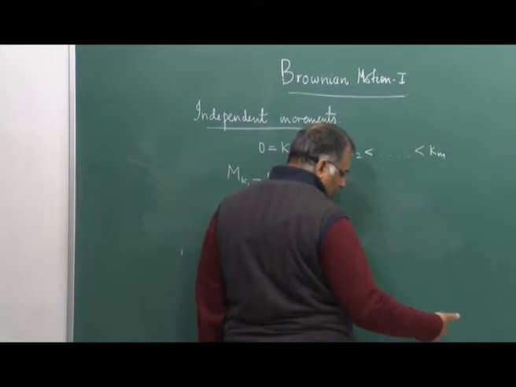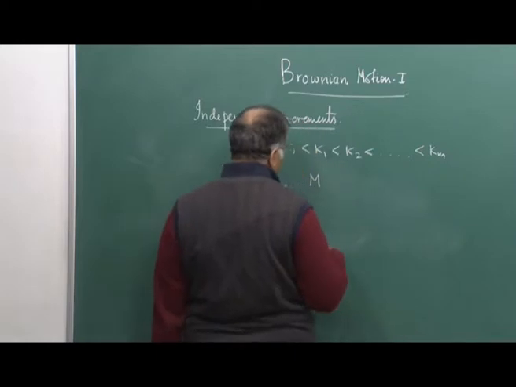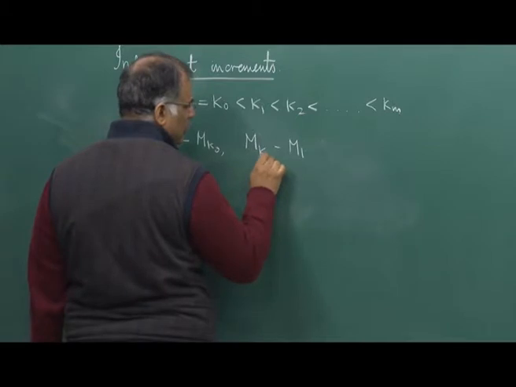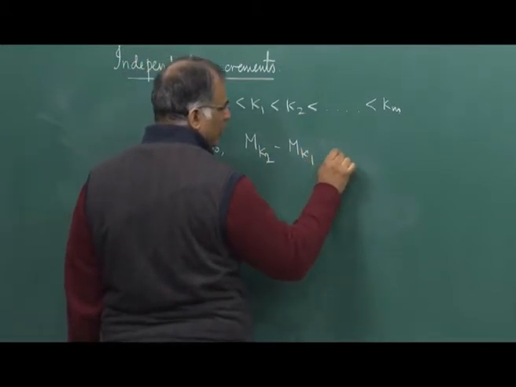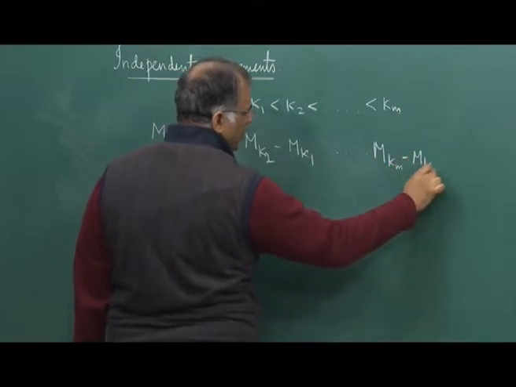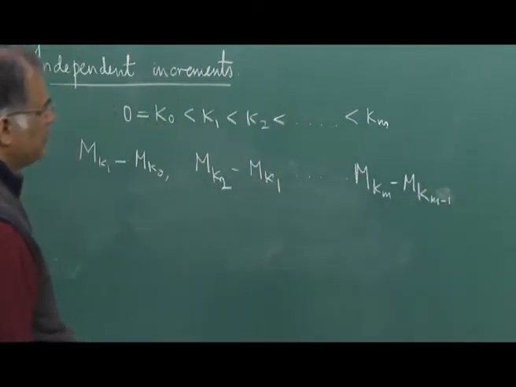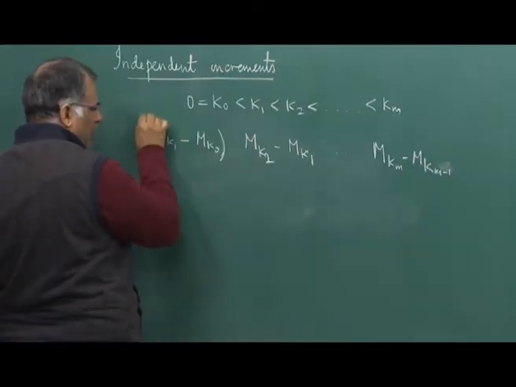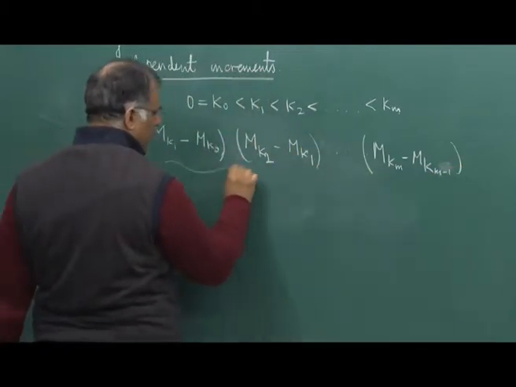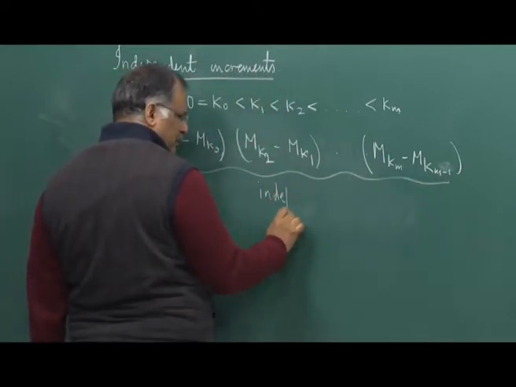The second outcome doesn't really depend on the first outcome, right, when you do a repeated coin toss. So, Mk1 minus Mk0, Mk2 minus Mk1, up to Mkm minus Mkm-1, these random variables are independent. All of these random variables form a set of independent random variables.